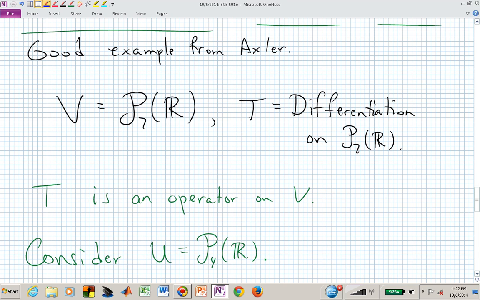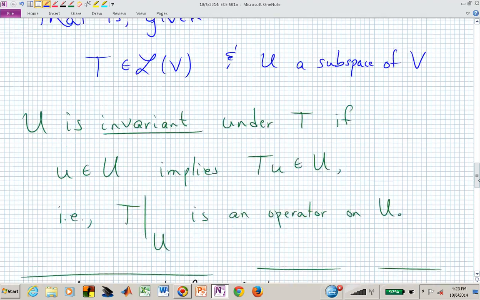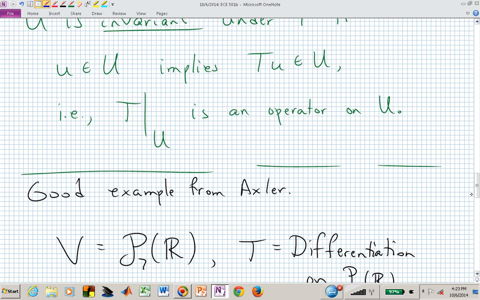Here you have a subspace, U, but it's now polynomials, and with the differentiation map, it's actually an invariant subspace. That's really the only thing that we were trying to explain or illustrate. And it came from the textbook, so it has to be good, right?